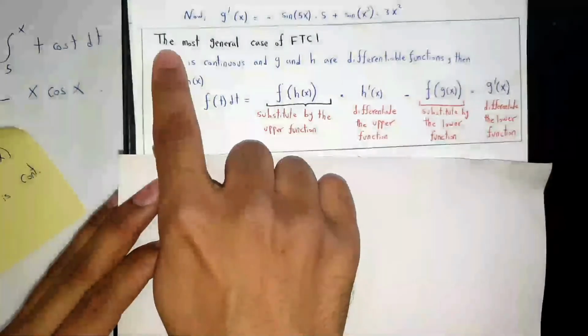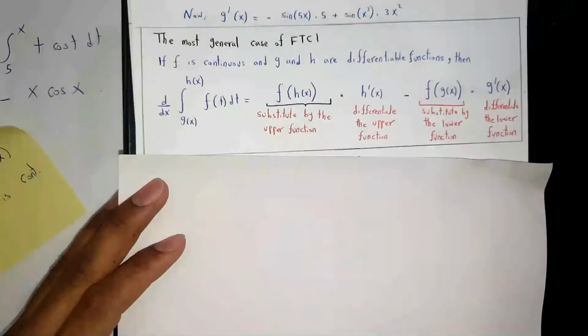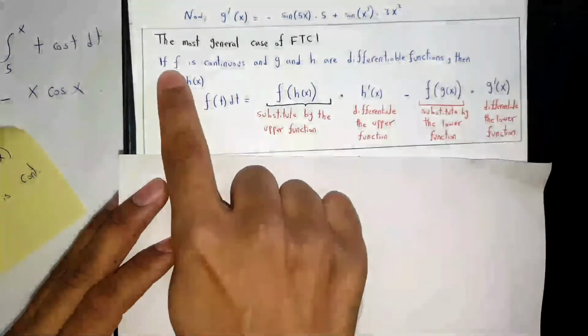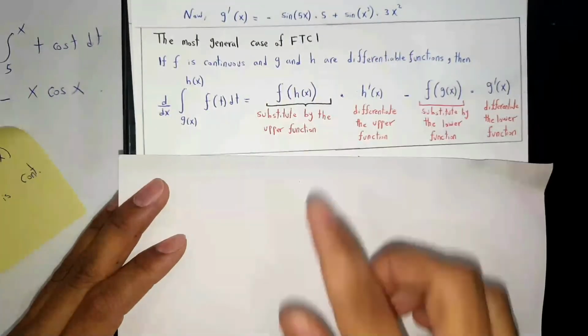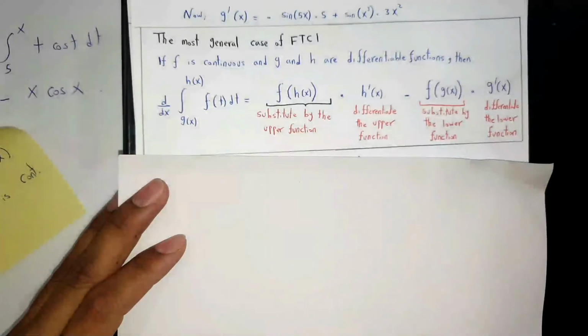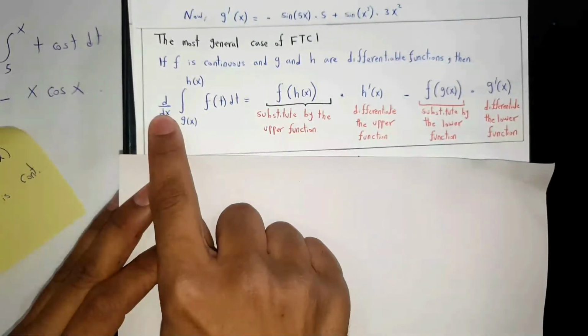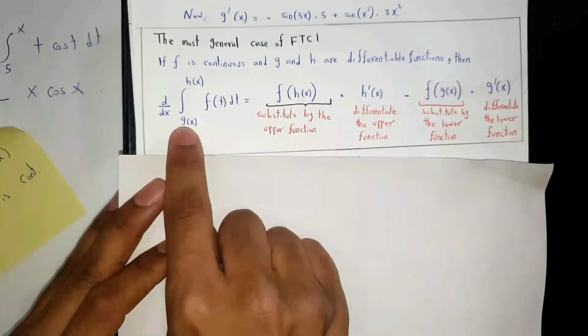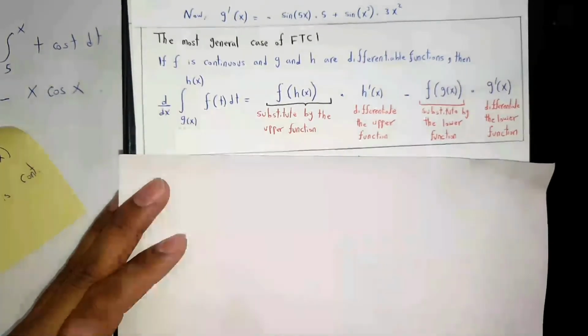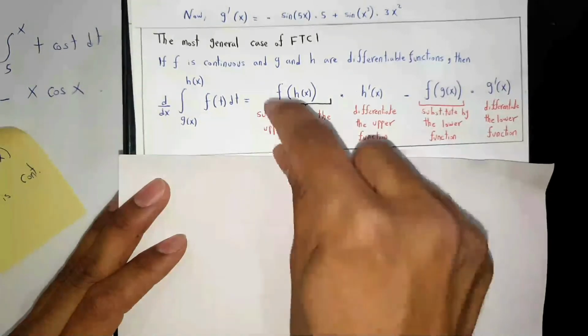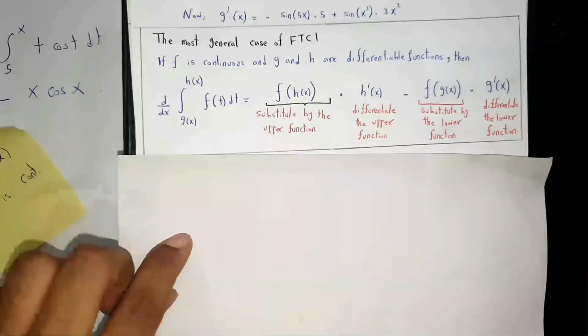Now let us see the most general case of FTC1. It says here, if f is continuous and g and h are differentiable functions, I will give you the reason for these conditions. If you need to differentiate this function defined by the integral from a function g of x up to h of x of f of t dt, the formula is given here, but let us understand it.